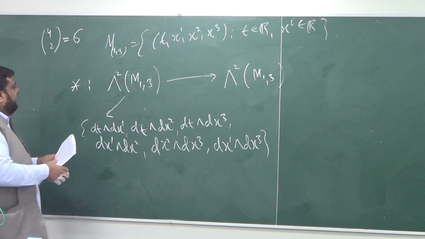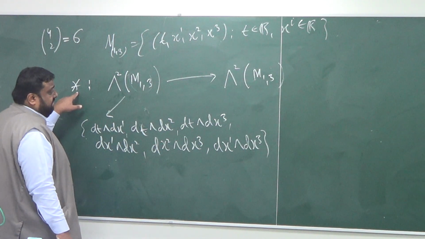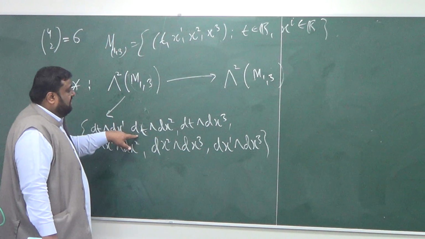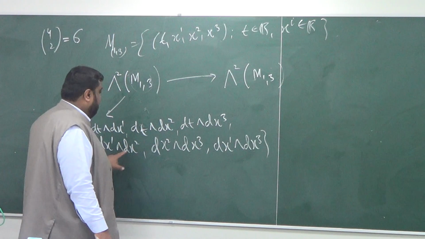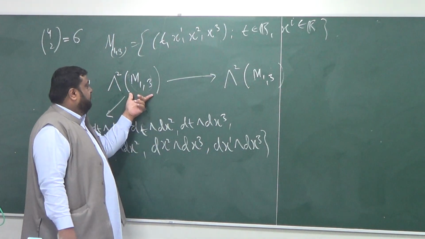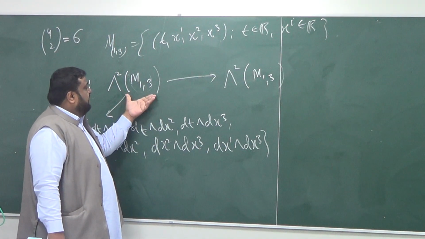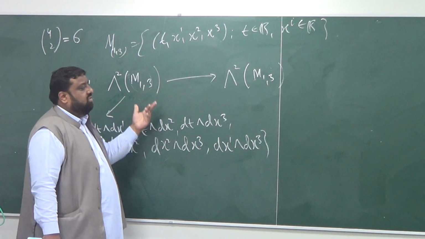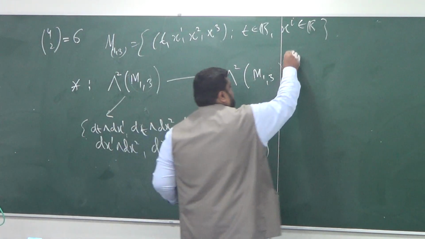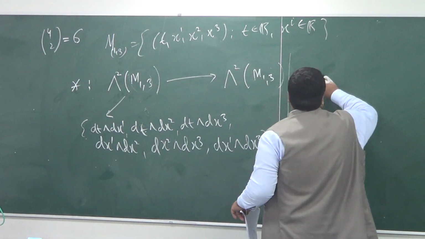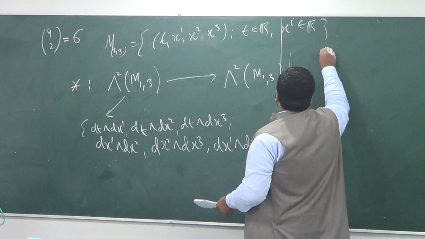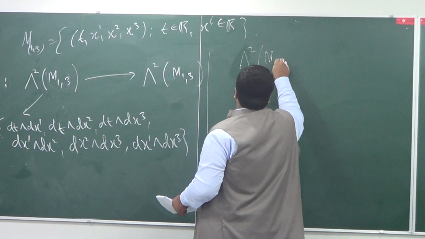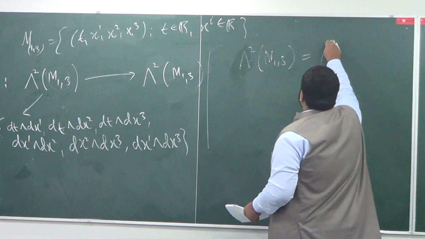Interestingly, when I apply star on each of these, and you can verify it, okay, it's going to split this space into two subspaces. So in other words, what is this star going to do? Basically, I can see this two-form exterior space on Minkowski space as a direct sum.